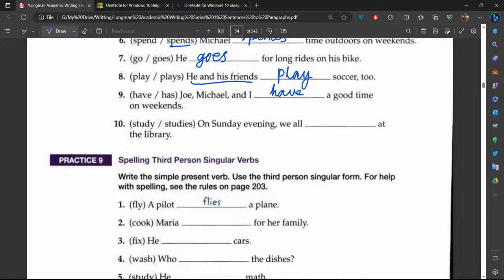Study, studies: we all. So here on Saturday evening, we all is the subject, and because it's plural, we have to use the base form of the verb. We study at the library.